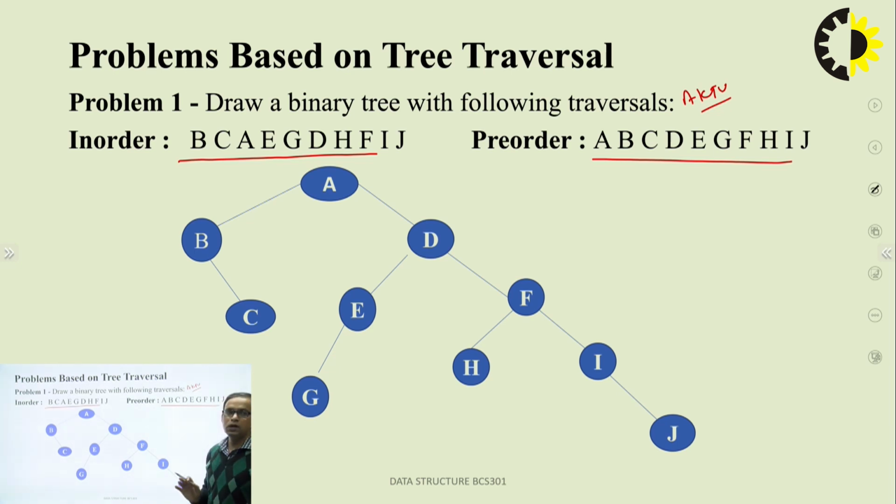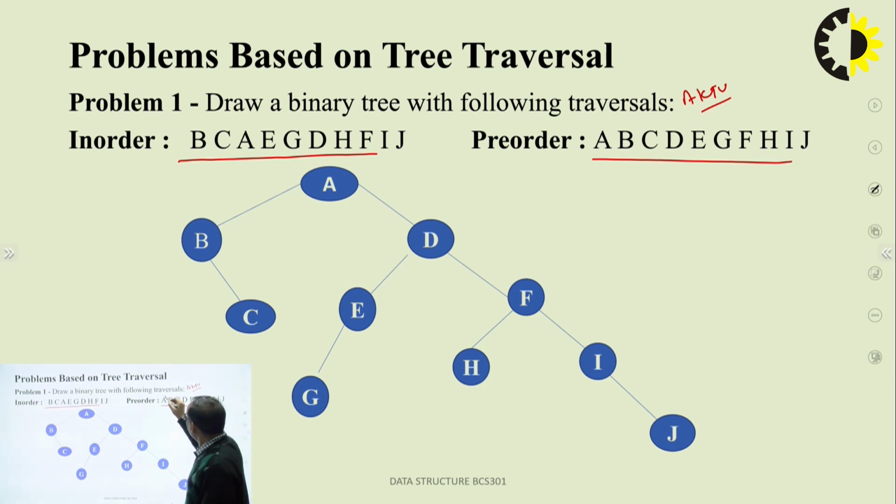So how will we construct the tree from the given sequences? At first, to solve such type of problem, we will find the root of the tree. It means what will be the root of the tree. In order to find the root of the tree, we will see the pre-order sequence or post-order sequence which is given in the question. In this question the pre-order sequence is given and we know that in case of pre-order, at first the root node will be visited.